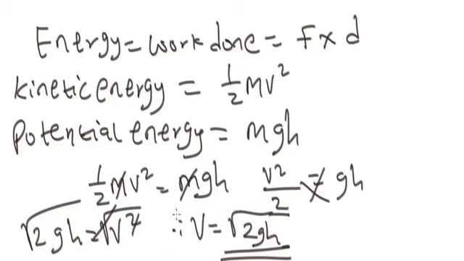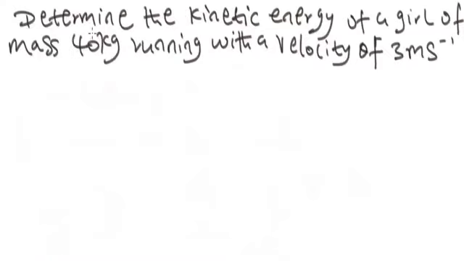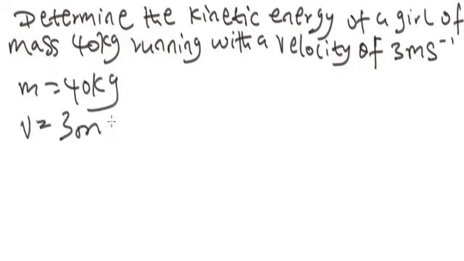Right, so let's wipe this and solve some problems. Okay, this problem says to find the kinetic energy of a gear of mass 40 kg moving with a velocity of 3 meters per second. So our m is 40 kg, our velocity is 3 meters per second. Alright, then for kinetic energy, the formula is half mv square.